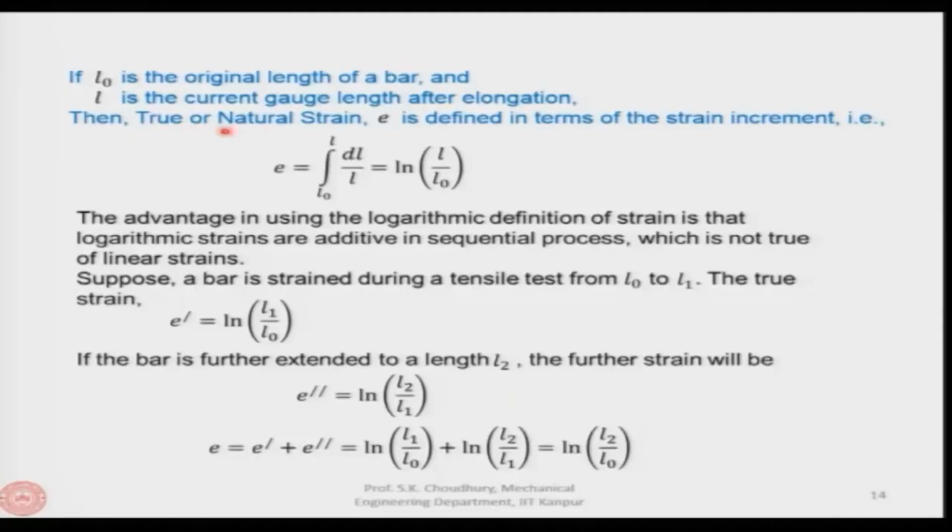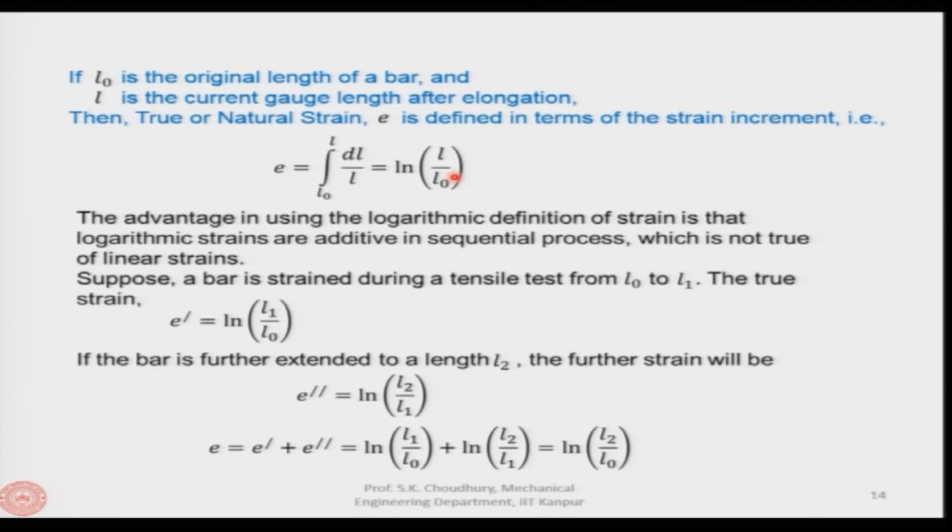Then the true or natural strain, which is defined let us say by e, is defined in terms of the strain increment, that is e will be integral of dl by L, integration from L0 to L. Mind it, L0 is the original length of the bar and L is the length after it is elongated.